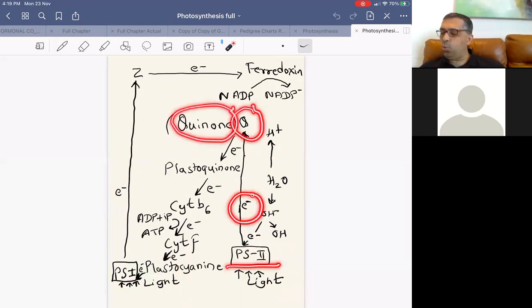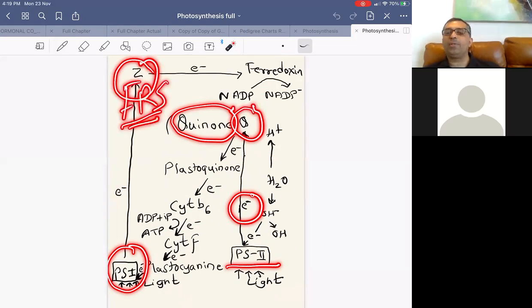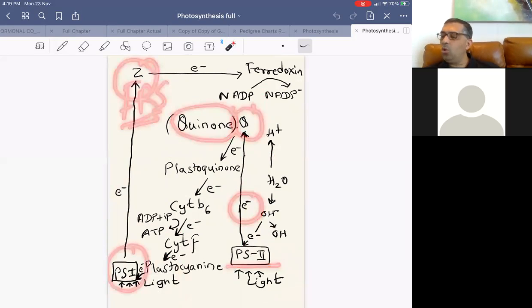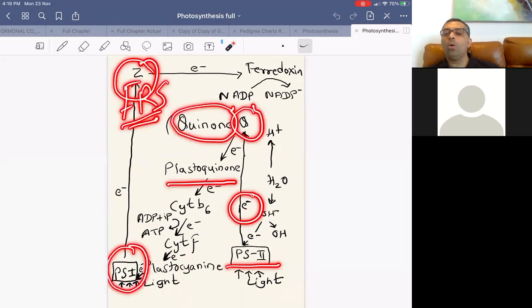And from PS1, the electron will go to Z. If you remember, FRS, ferredoxine reducing substance. From quinone, the electron goes to plastoquinone, then to cytochrome B6, then to cytochrome F.